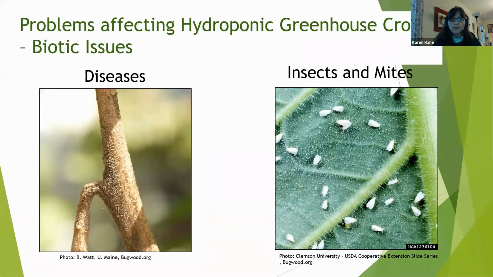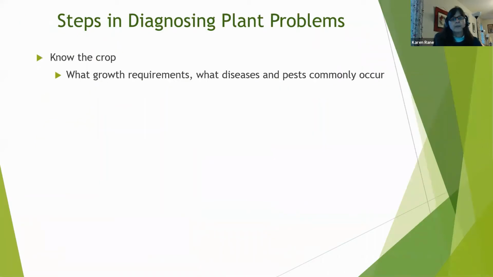So I kind of distill the process into steps that you can just mentally do to maybe help narrow down the possibility of what's happening. First is you really need to know your crop. You need to know what the growth requirements are for optimum growth.